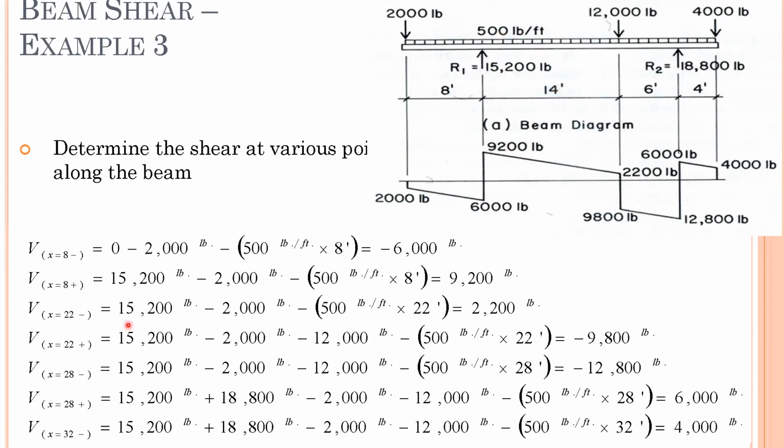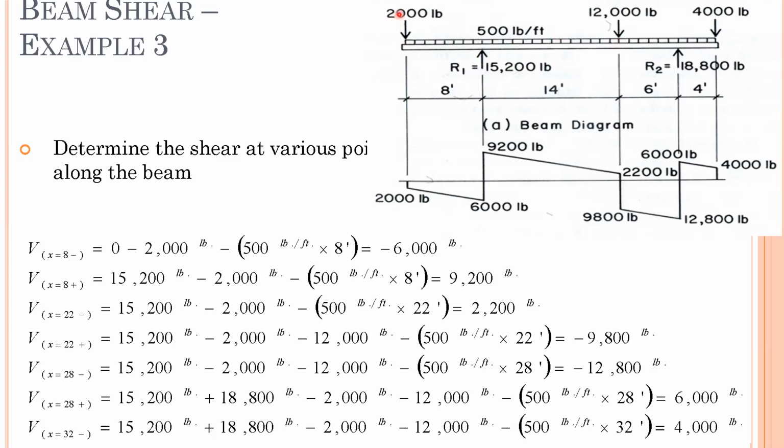Let's look at it. So here you have it, 2,000. So you have to repeat everything you had before. Remember, you have the minus 2,000 plus 500 times 22, and all of these are coming against this positive shear. All of the negative shear coming down, so you're repeating yourself again.